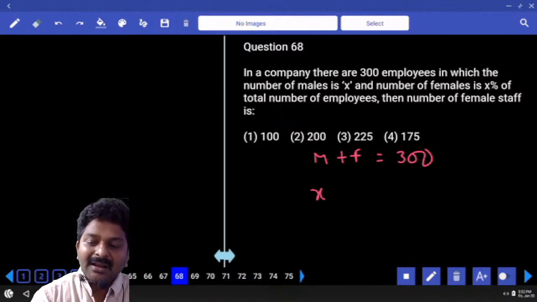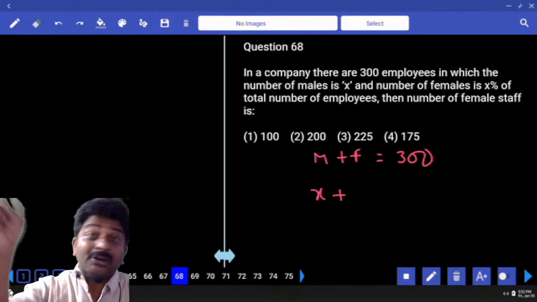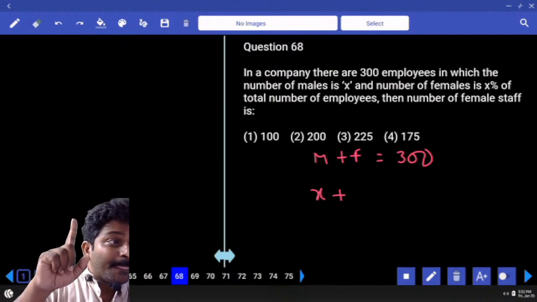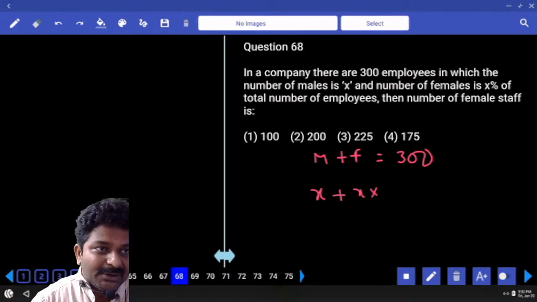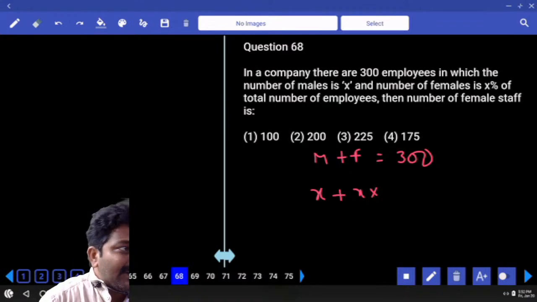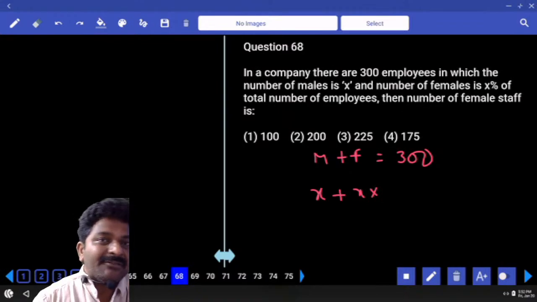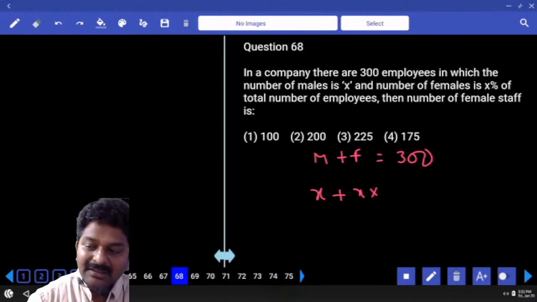If males are x, females are x percent of the total, right? X percent, in the sense, can I write it as x into 1% of the total? What is 1% of the total? 3, which is equal to 300.